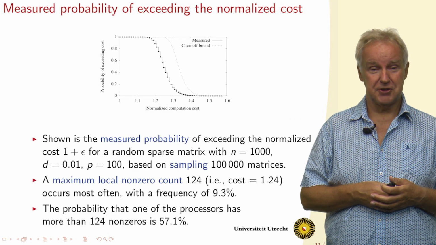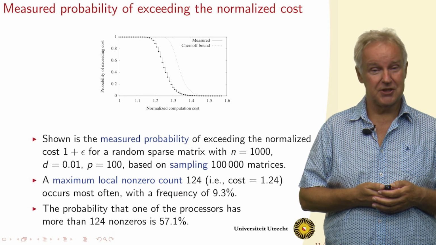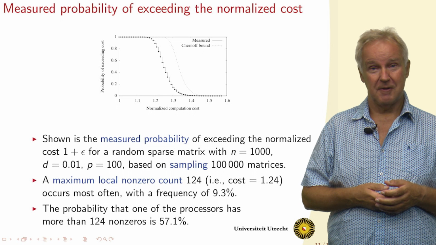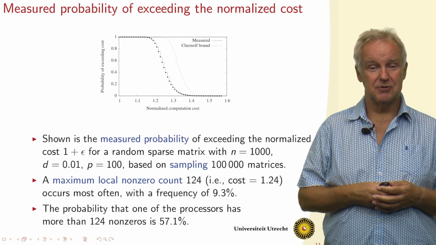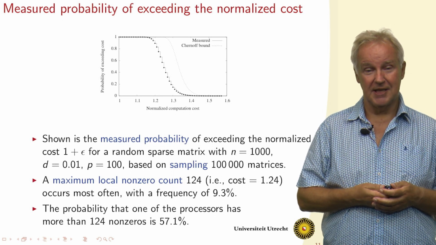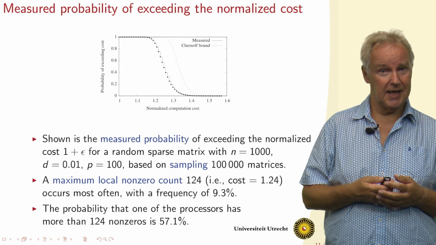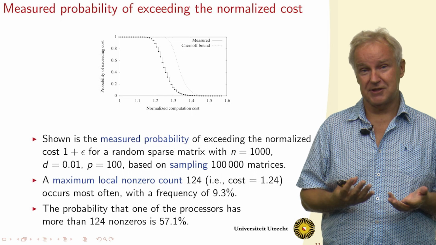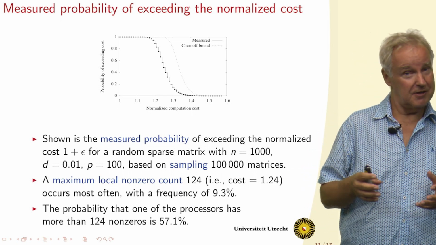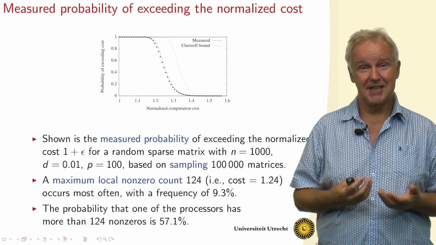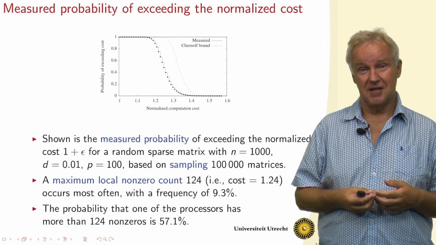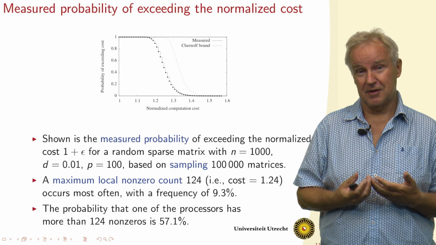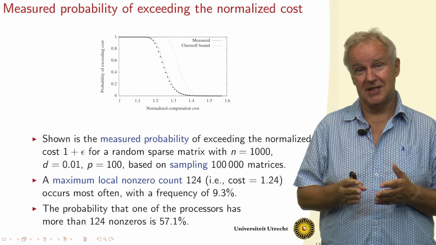OK, so here you see the measured probability of exceeding the normalized cost. We have this bound, which is the dashed line. On the other hand, we sampled a lot of matrices, in this case 100,000 matrices, and each time we measured whether there are processors exceeding a certain bound.